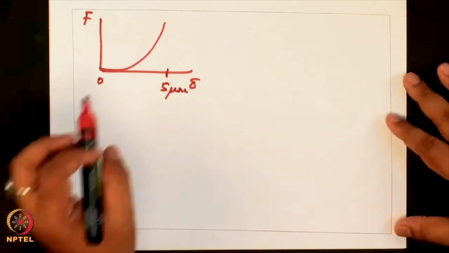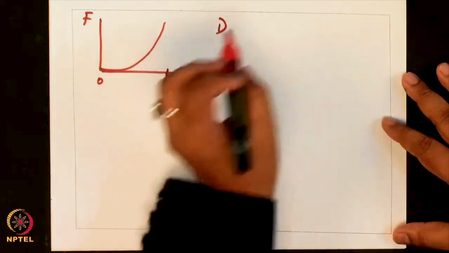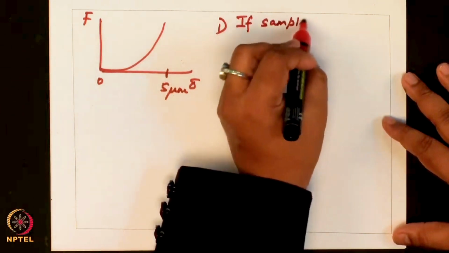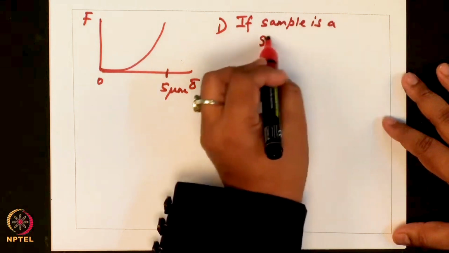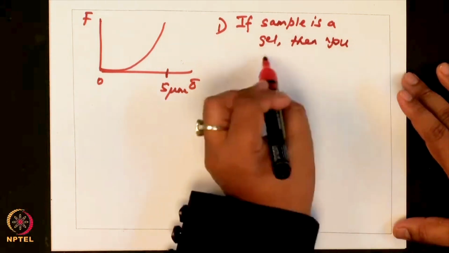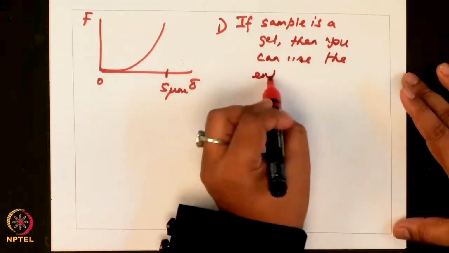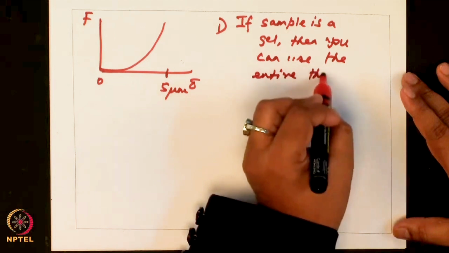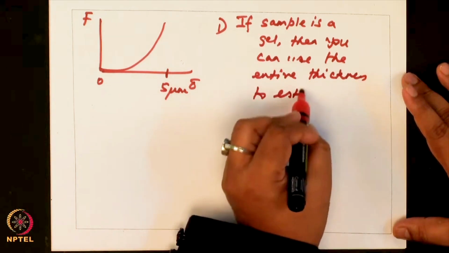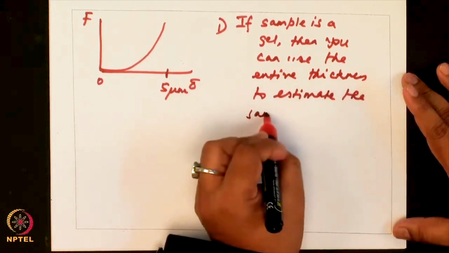If the substrate or sample is a gel, then you can use the entire thickness to estimate the sample stiffness.